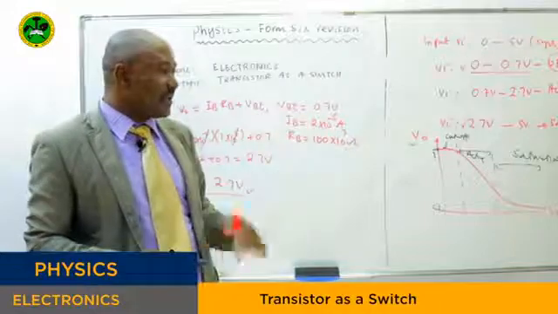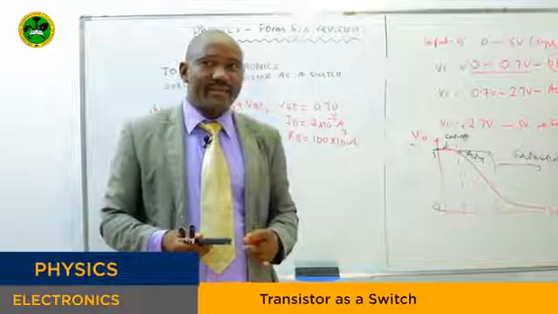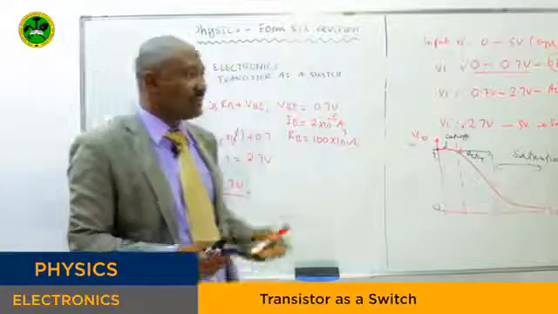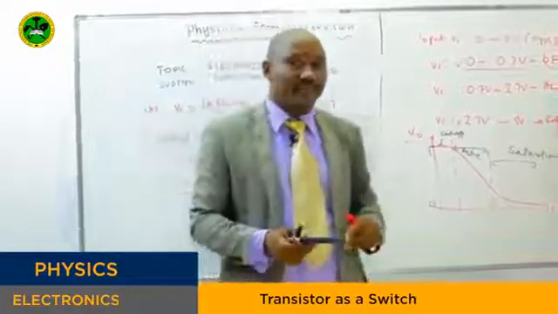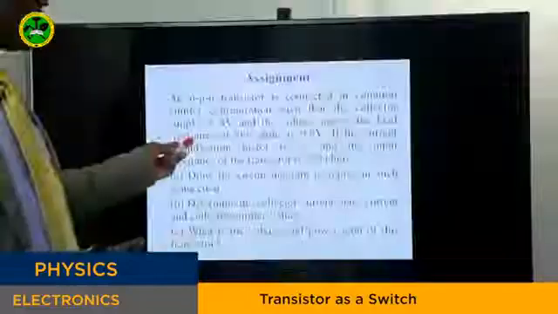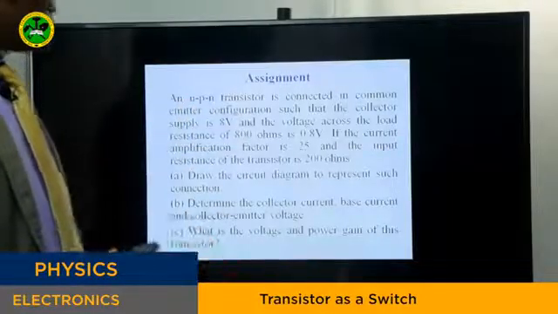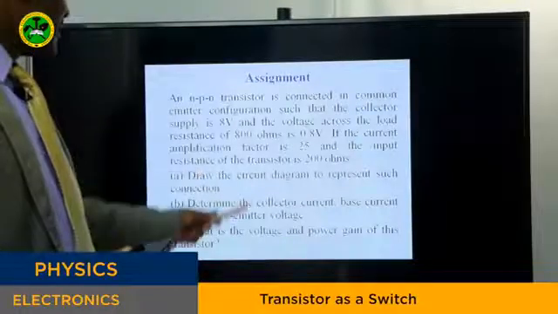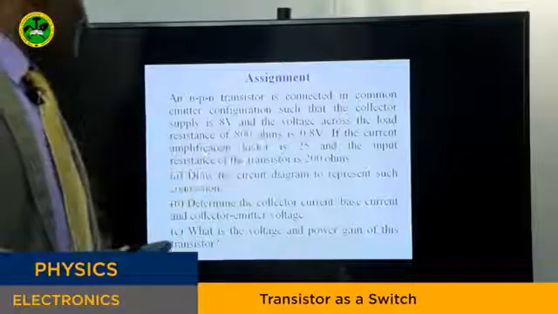Now, to finish up our discussion, let's see the assignment that you have, to check whether you have understood this part of the lesson. The question says you're given an NPN transistor. The way it's connected, it has a supply voltage of 8, and the voltage across the resistance is 0.8.